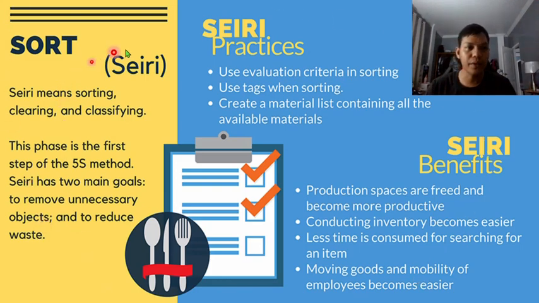So this is the importance of applying sorting. Again, for the recap, we will put tags on the different items or materials, and we need to remove the unnecessary objects. If we remove the unnecessary objects, the area becomes more spacious.